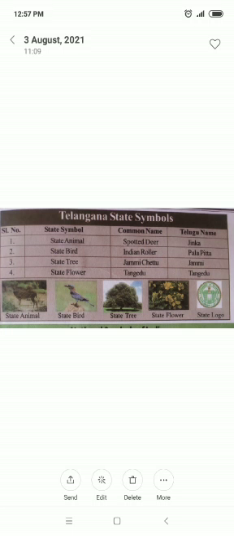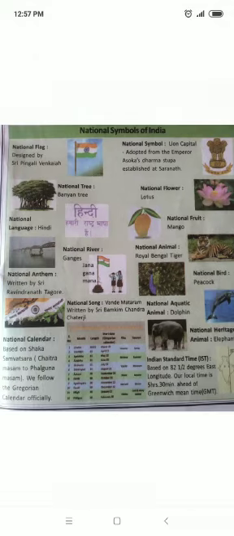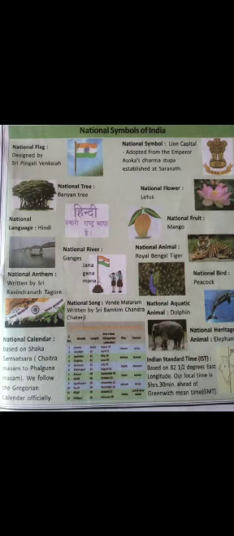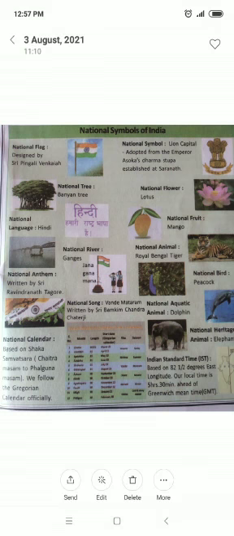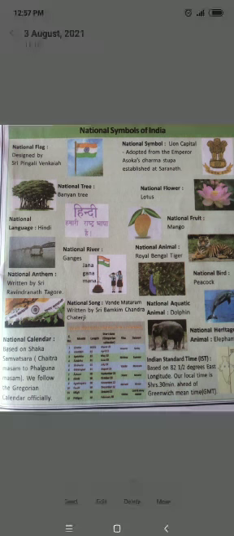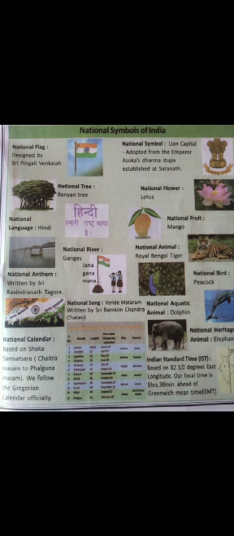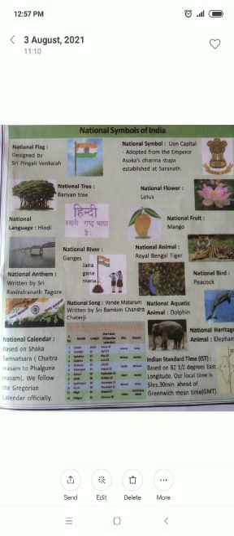Okay, children. Let the children learn about the national symbols of India. National flag, designed by Sri Pingali Venkaya. National symbol, lion capital, adapted from the Emperor Ashoka's Dharma Stupa established at Sarnath.